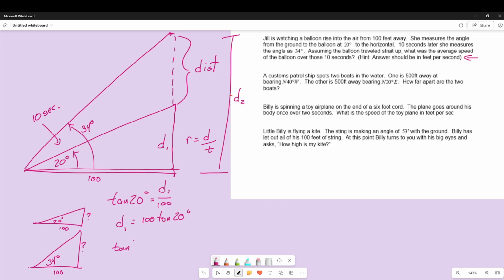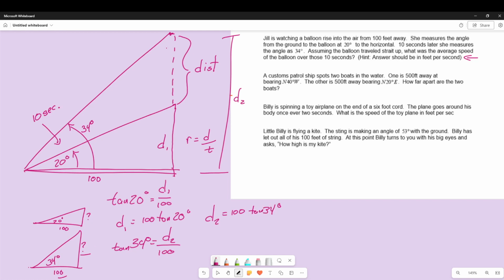It's still a tangent ratio. The tangent of 34 degrees is that D2 over 100. And we know it's a tangent problem because the sides we're dealing with are opposites and adjacents, and tangent deals with opposites and adjacents. So that makes D2 equal to 100 times the tangent of 34 degrees.